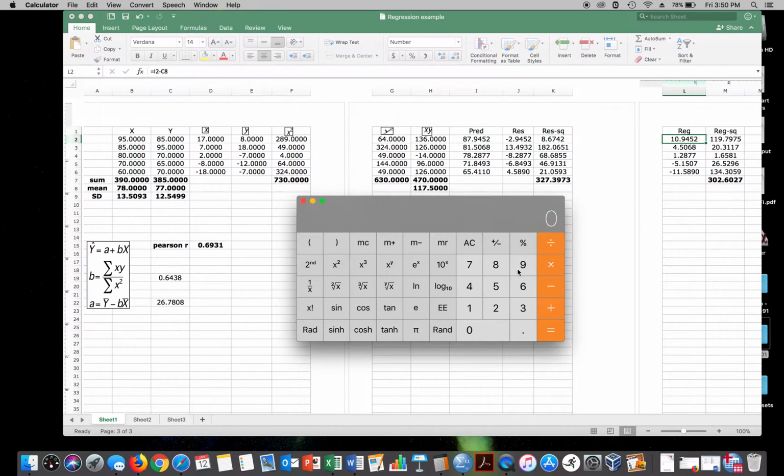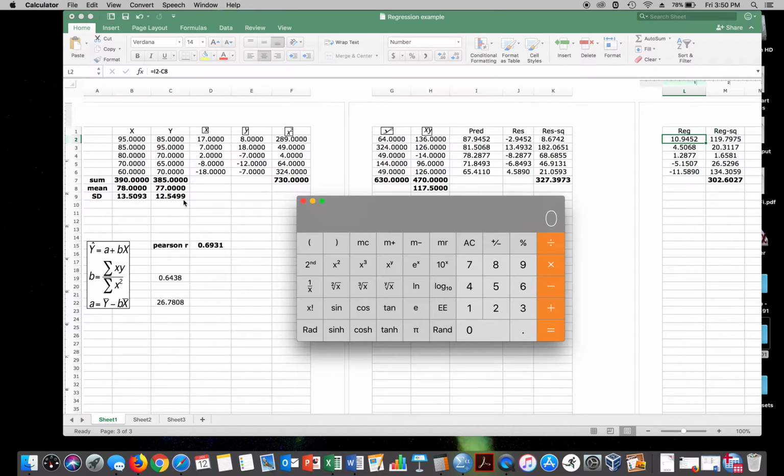So what we would do is take this squared value here and divide it by the number of predictors. We just have one predictor, disordered eating. So depression was predicted by only one predictor, disordered eating. Then we take the number of observations minus the number of predictors minus 1.